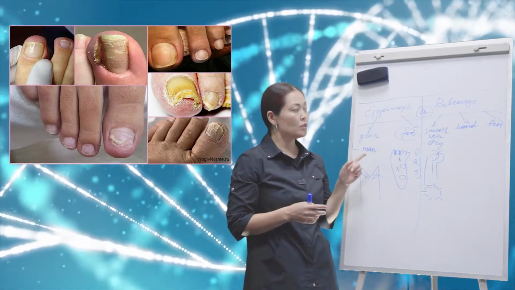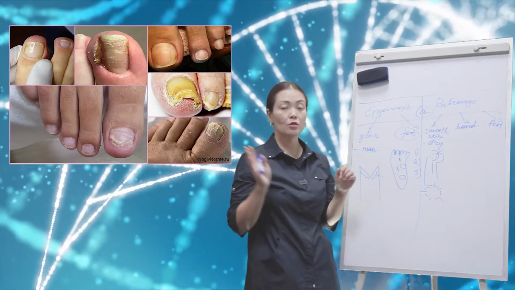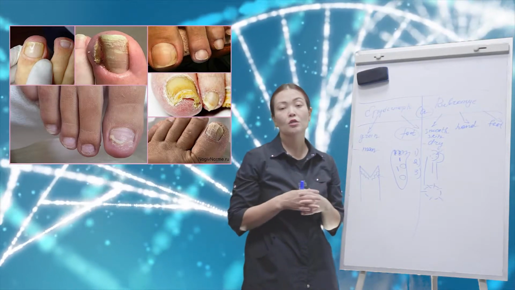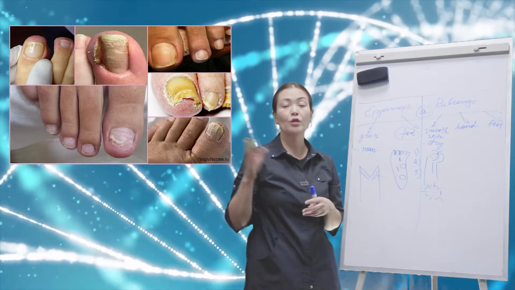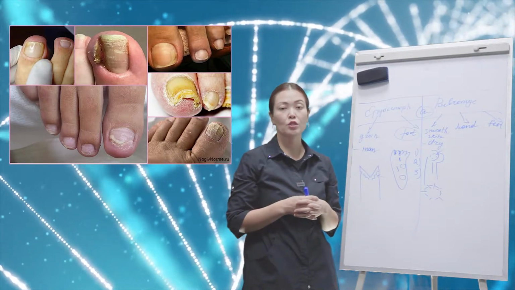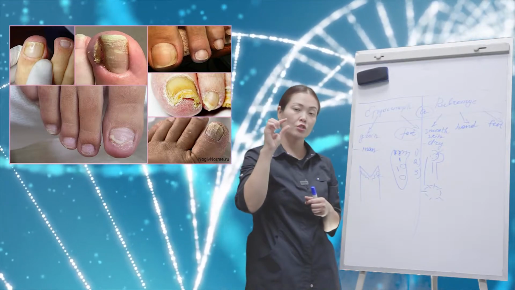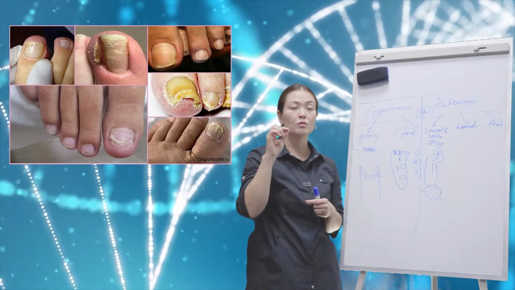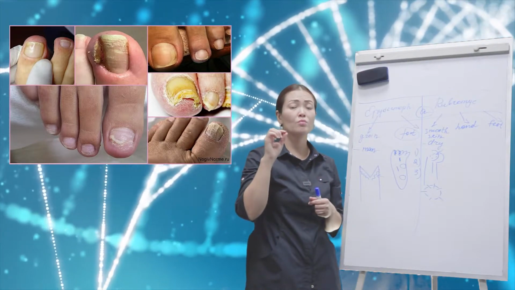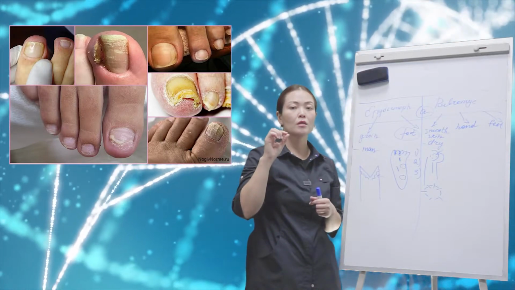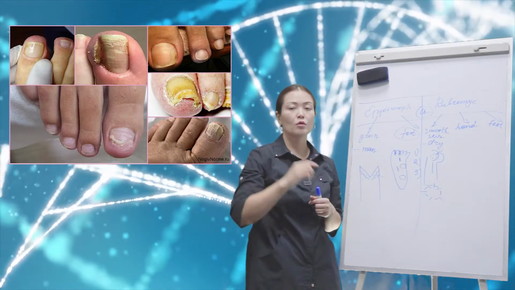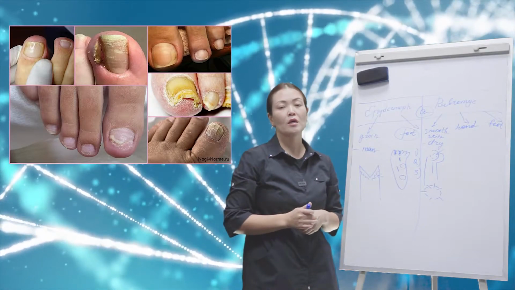You see in this picture the changes you will see on the nail plates of the patient. The nail plates will change color, yellowish, brownish, and become thicker because hyperkeratosis is present.